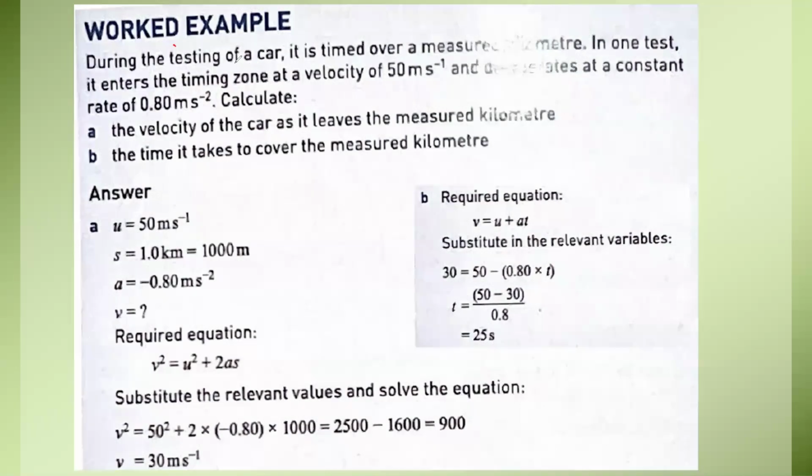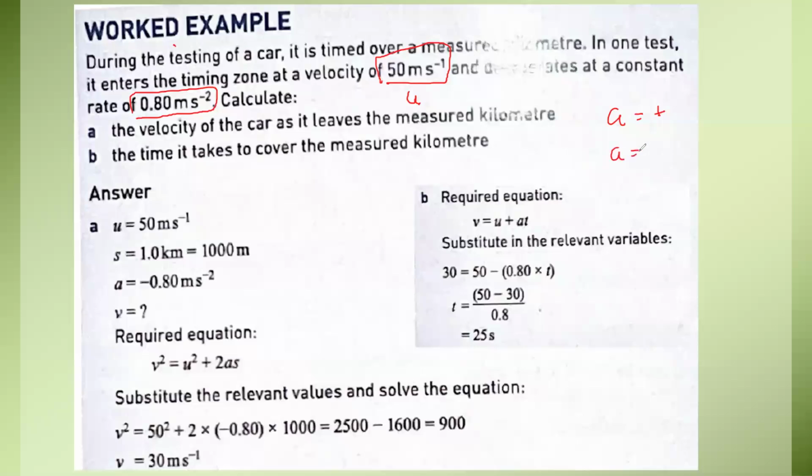During the testing of a car, it is timed over a measured kilometer. In one test, it enters the timing zone at a velocity of 50. So what is the starting velocity? Starting velocity is 50. Then it decelerates. Whenever in a question it is accelerating, you take it as positive.